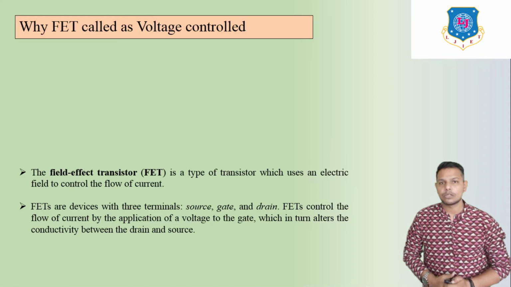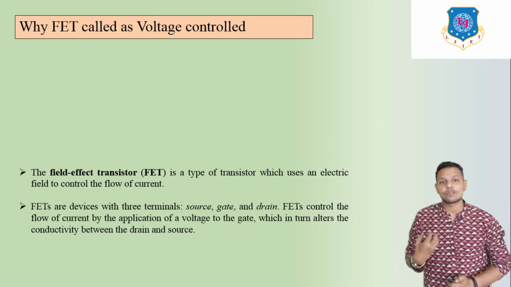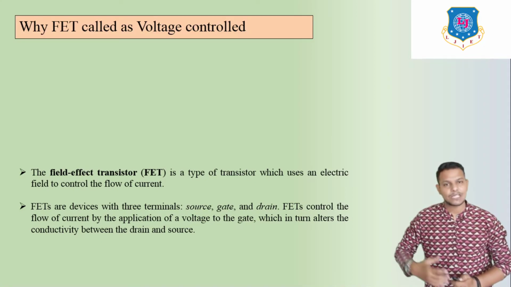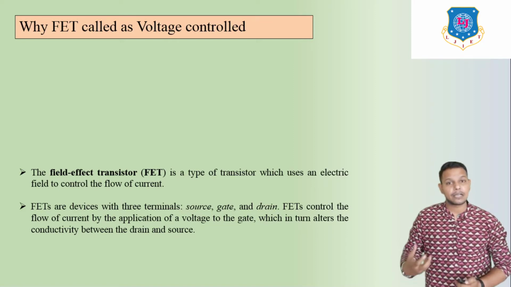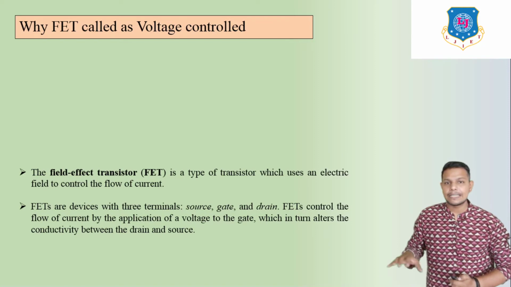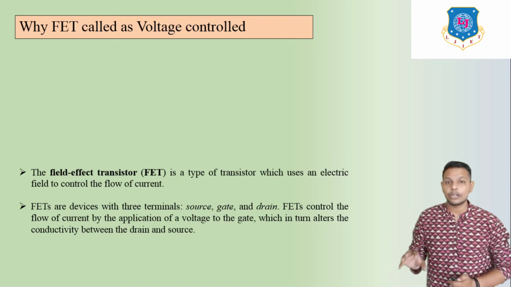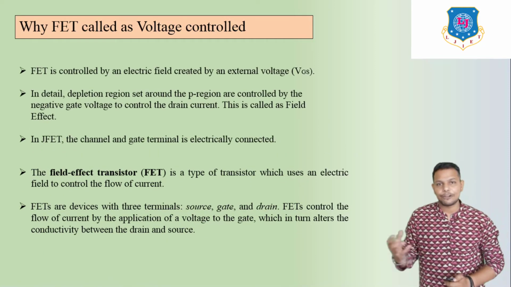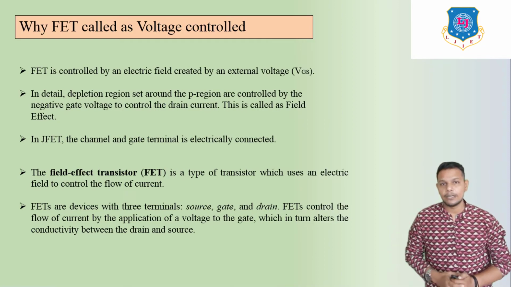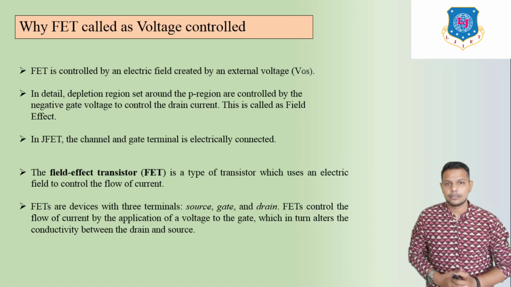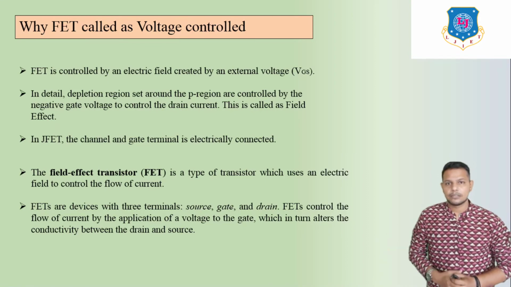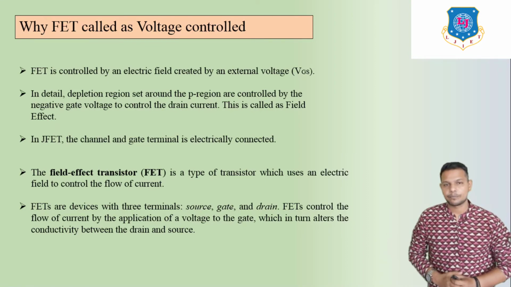Now let us discuss why FET is called a voltage control device. As we discussed earlier, BJT is known as a current control device, whereas here it is known as a voltage control device. FET is controlled by an electric field created by external voltage, as we discussed first, that VGS.